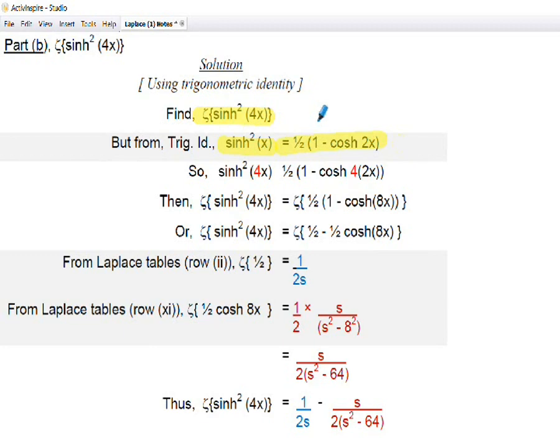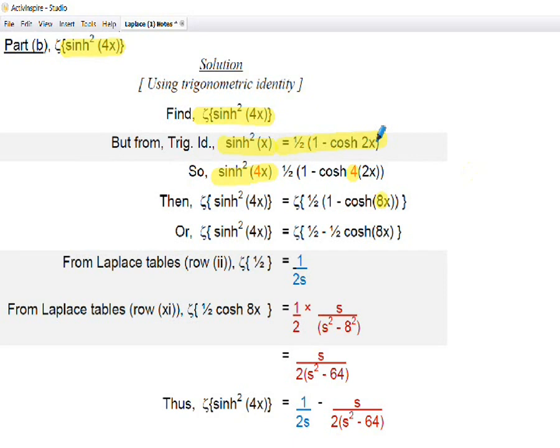Just be careful here. Can you see that the original question asked for a sine squared of 4x, so we must be careful of bringing the 4 inside the function here, because our trigonometric identity is just for x, but we actually have 4x. So when we come to expand here, we must put the 4 inside the cos function to get what will be an 8 in the next line.